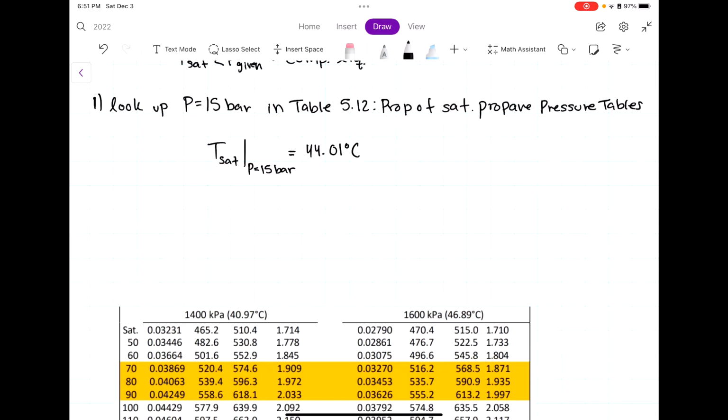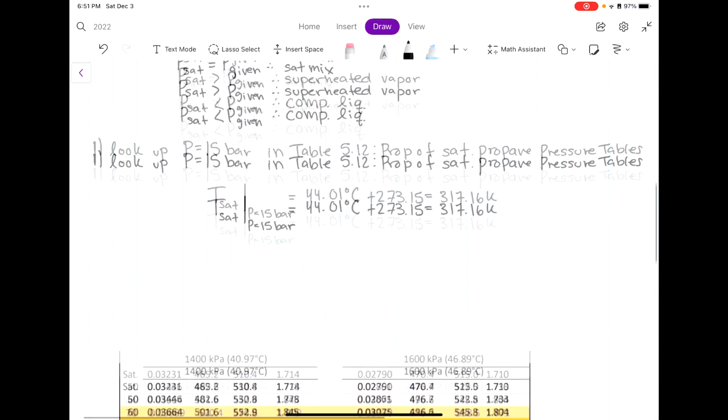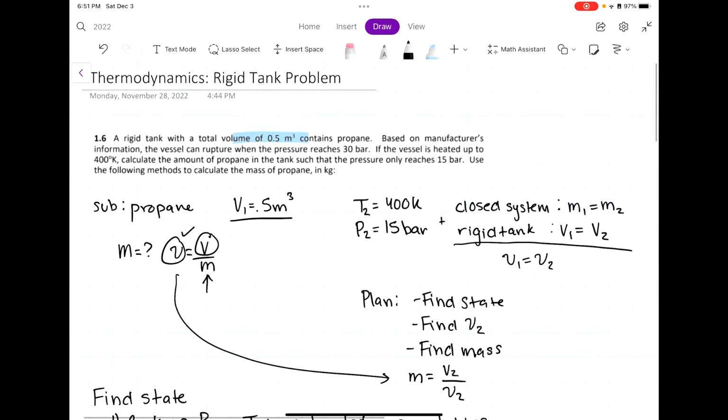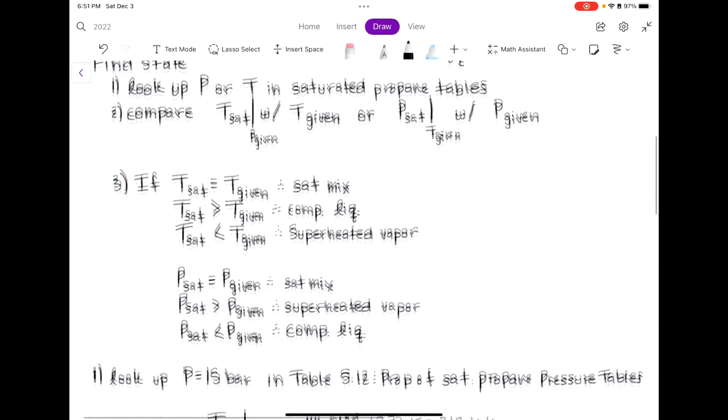We're going to make it into Kelvin by adding 273.15, and we get 317.16 Kelvin. The T given in our problem was 400 Kelvin, right? That's the temperature of propane.